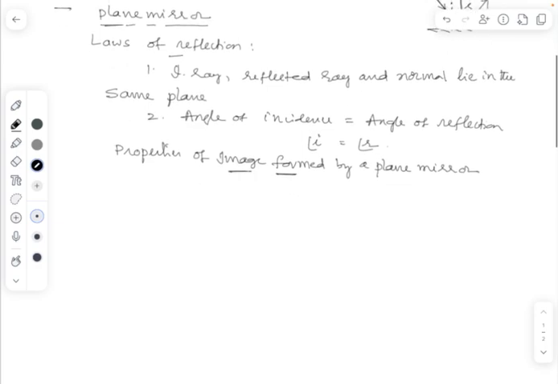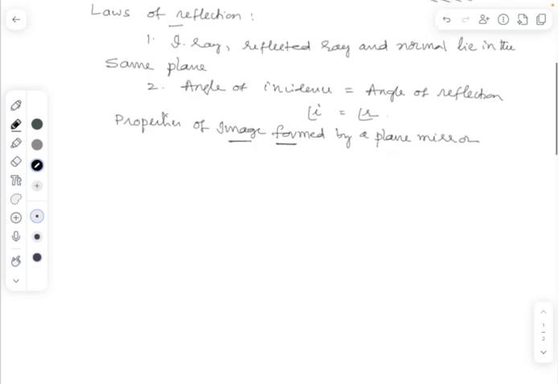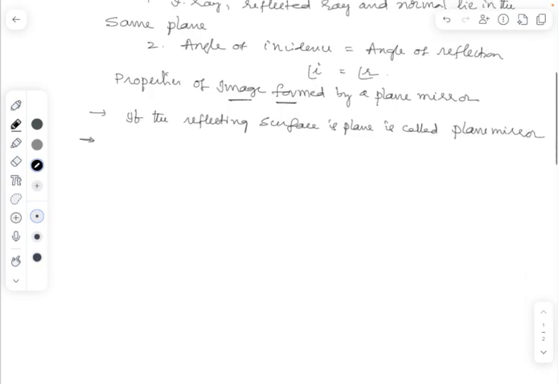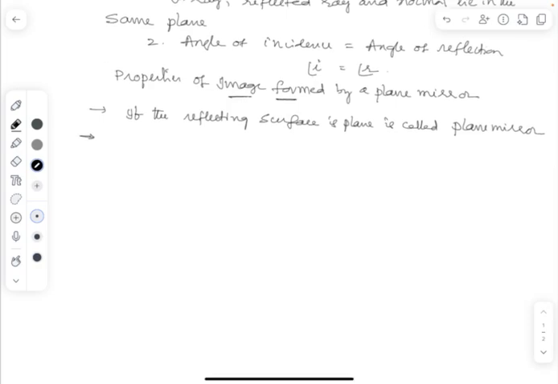If the reflecting surface is plane, it is called plane mirror. Common name is looking glass. Looking glass is the common name of plane mirror.